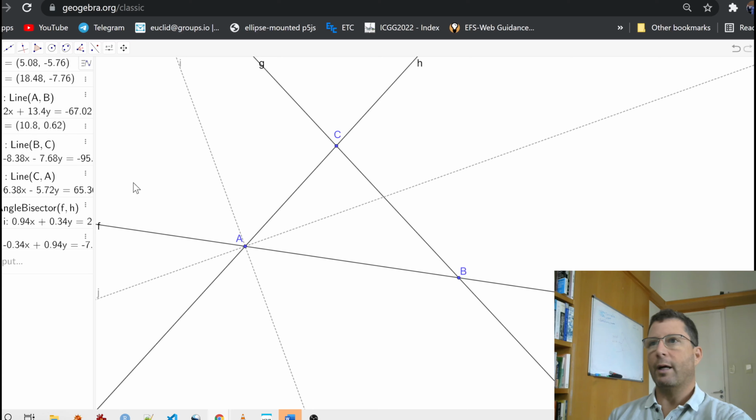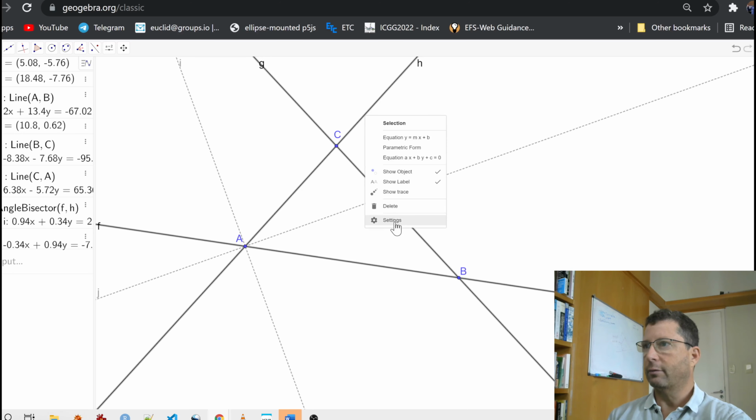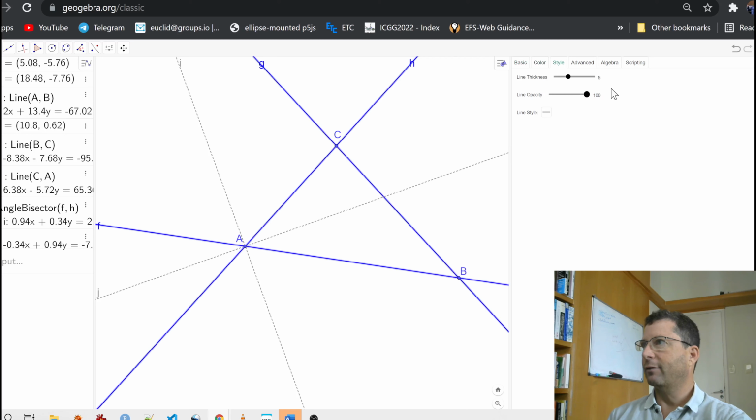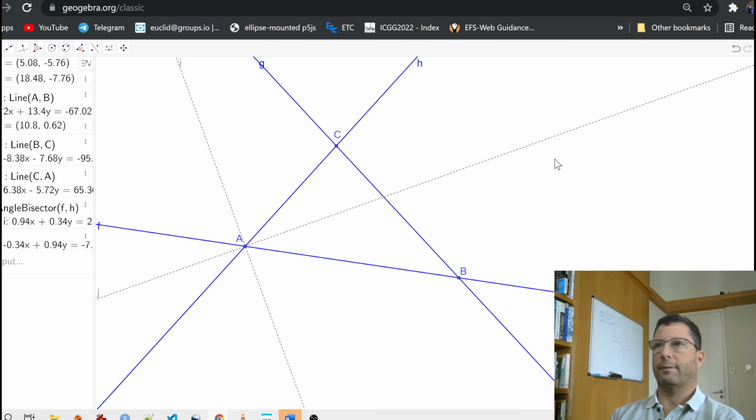Likewise, just for my own reference, I'm going to make the three side lines of the triangle blue, because my reference is typically a solid blue color. Okay, so I have my first set of angular bisectors of vertex A.